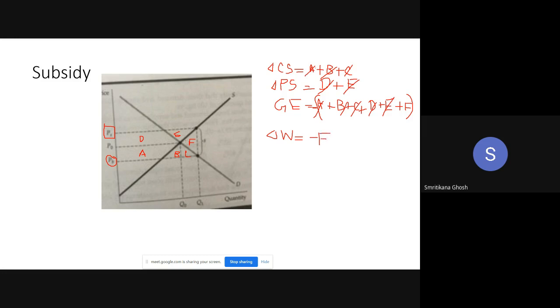So this triangle is the deadweight loss in case of subsidy. Okay, any doubt?